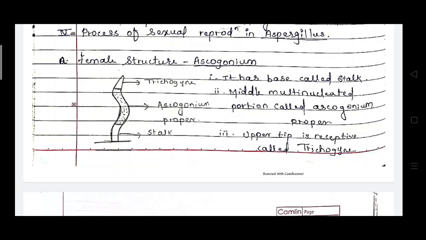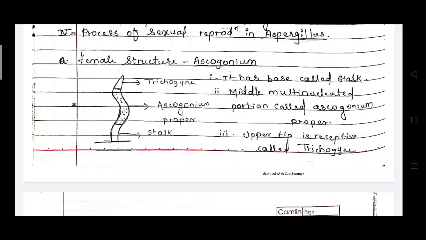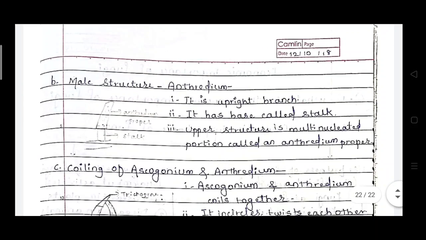So in the female structure, these three parts are made. The upper tip is of receptive, that is acceptable, nature, and is known as the trichogyne.